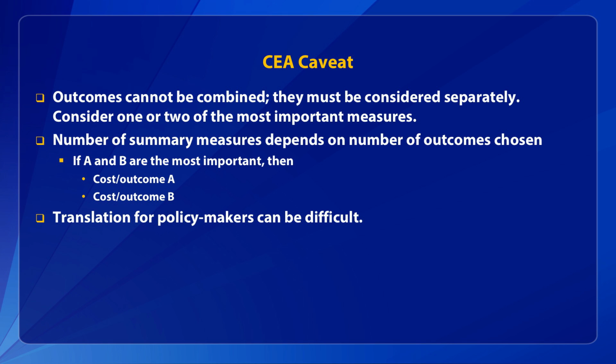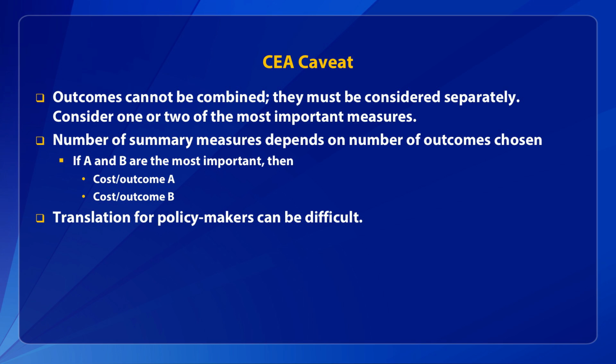A major caveat in conducting cost-effectiveness analysis is that outcomes in natural units cannot be combined and must be considered separately. For example, a physical activity program may have two intended effects, lowering blood pressure and decreasing body mass index.